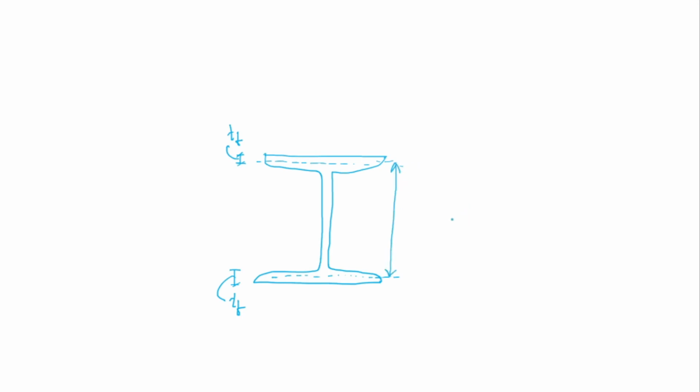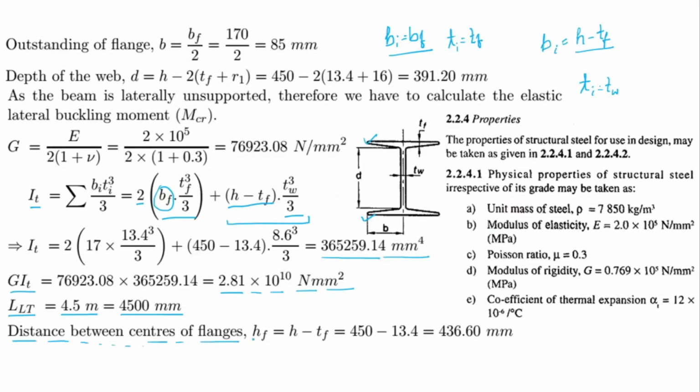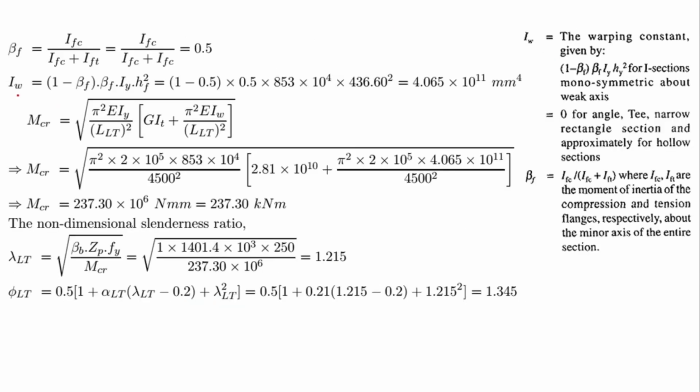To get this distance from the total depth, I have to subtract TF by 2 for the top, similarly TF by 2 for the bottom, which is equal to H minus TF. So HF is calculated as 450 minus 13.4, which is the thickness of the flange, and it is 436.60 mm.